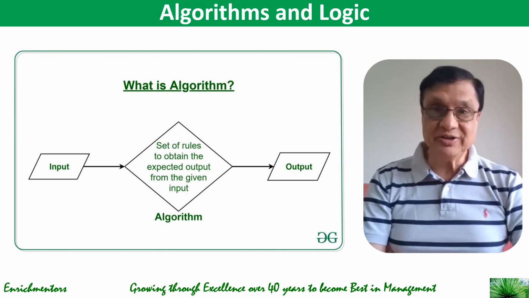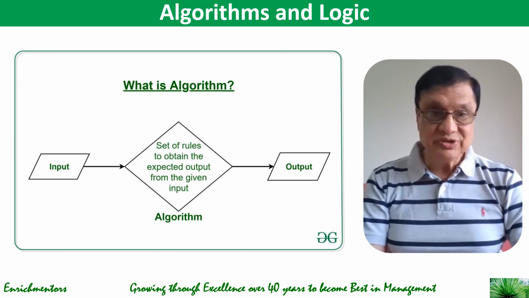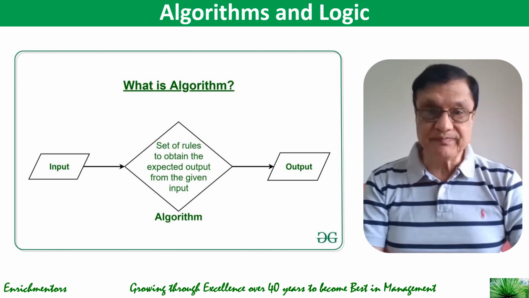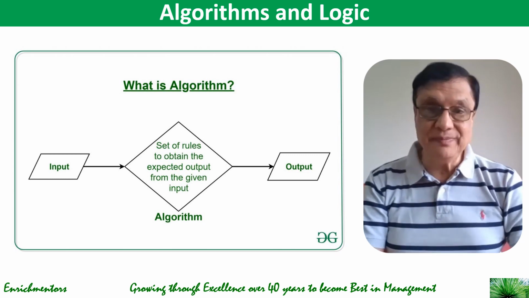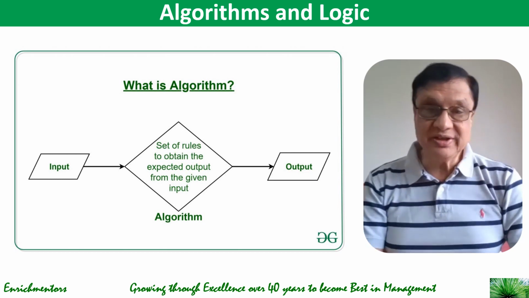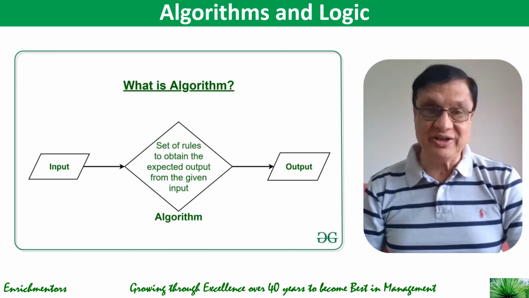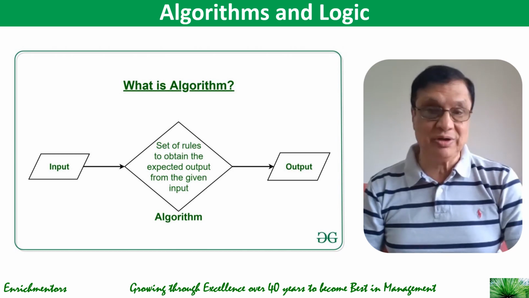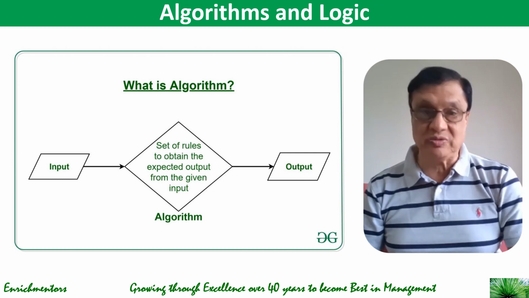Now, what is an algorithm for beginners? An algorithm is a set of rules that help you obtain an expected output from a given input. Say, something simple like the plus sign or summation is an algorithm which basically takes the input of X number of data and produces a summed output.